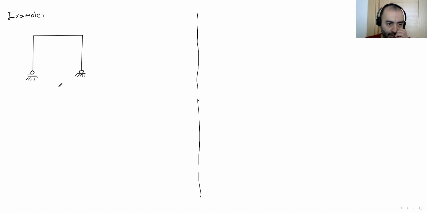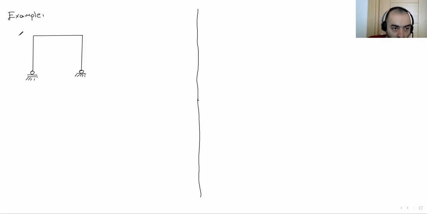You know, the left support is a roller support, the right one is a pin support.